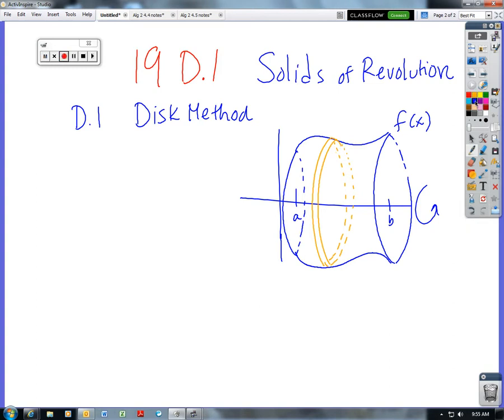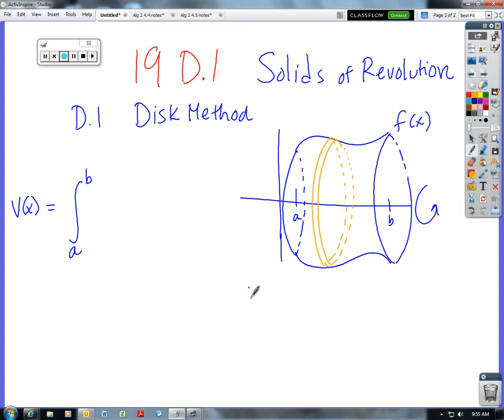As we know, instead of adding up the rectangles, if we take the integral, then that will give us the exact value. So the volume of the solid will be the integral from A to B of the volume of each slice.